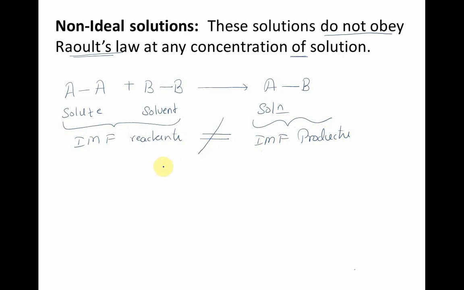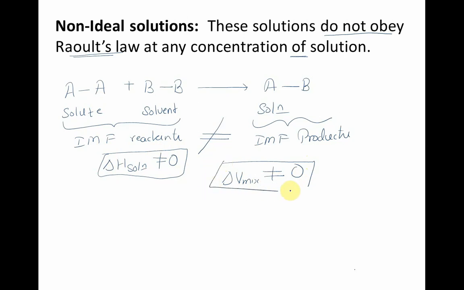So it indicates that during mixing of these two components, heat energy can either be liberated or absorbed. That is, delta H solution is not 0, and the volume of the reaction vessel or the volume of the product may increase or it may decrease.